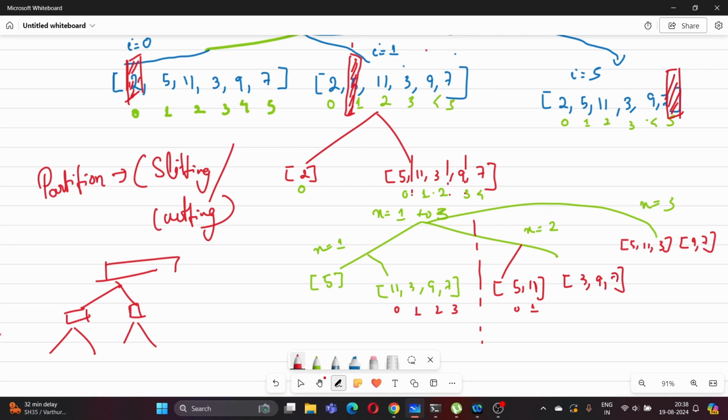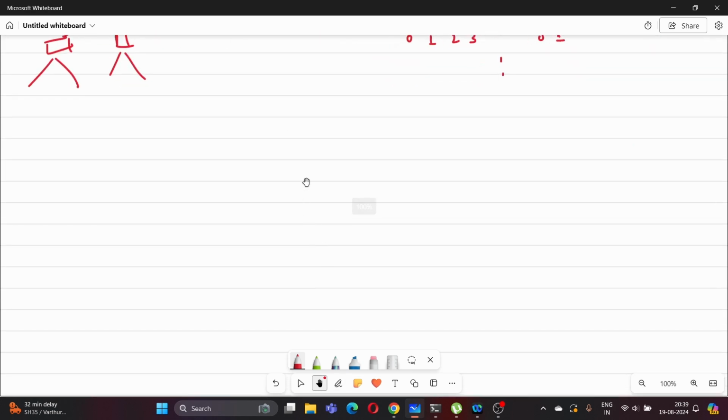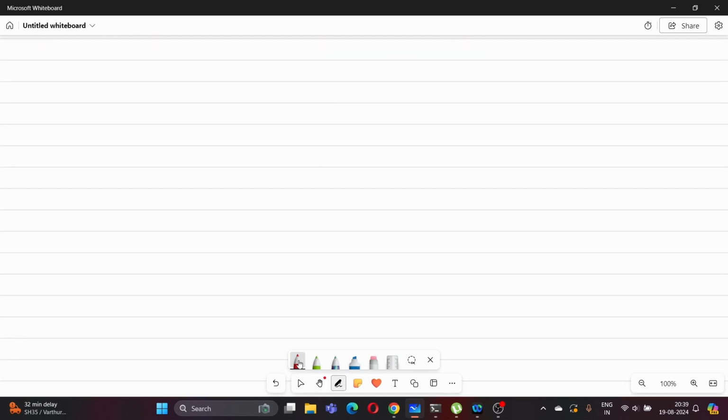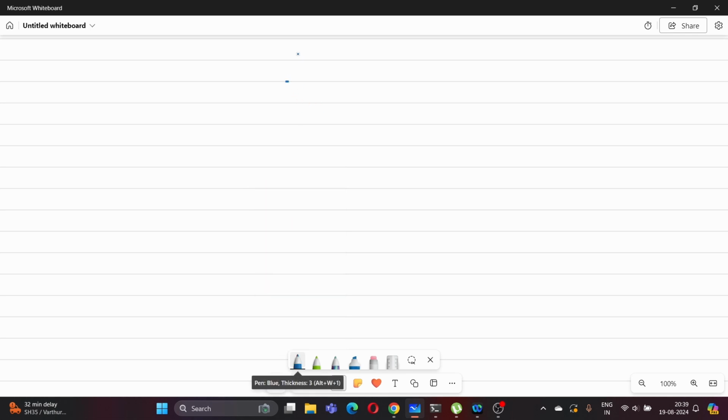Maybe it will be easier if I try to demonstrate it while writing. Let's say this is a sausage, a rod or anything where 0, 1, 2, 3, 4, 5 is present, and I want to cut it.